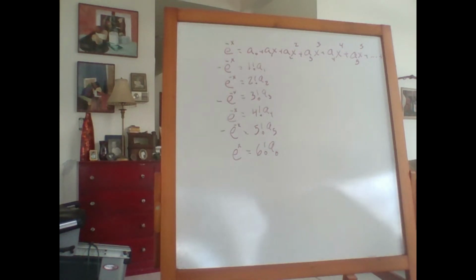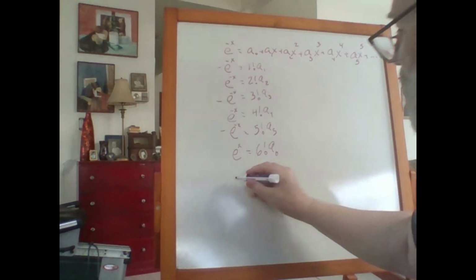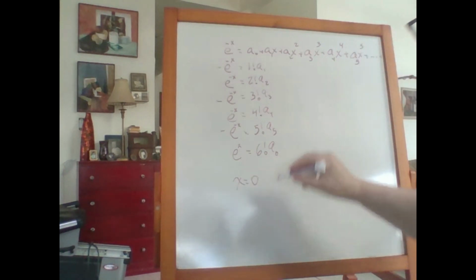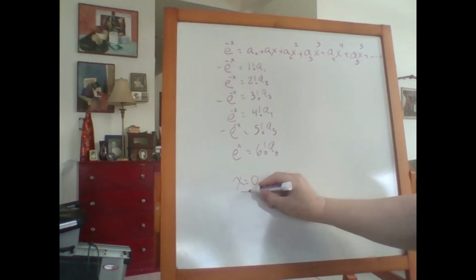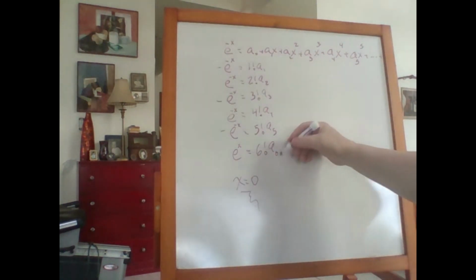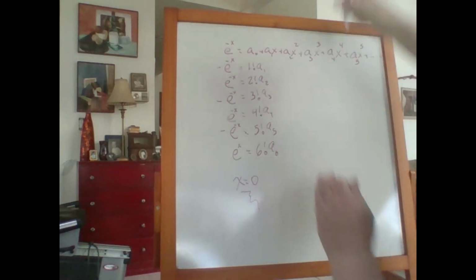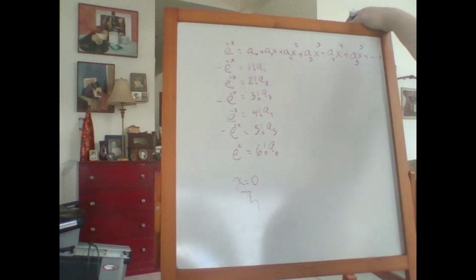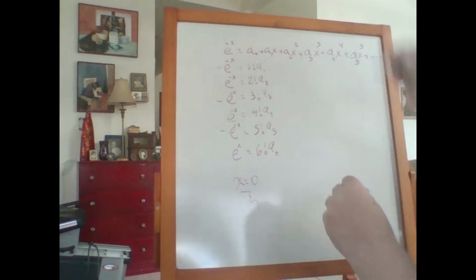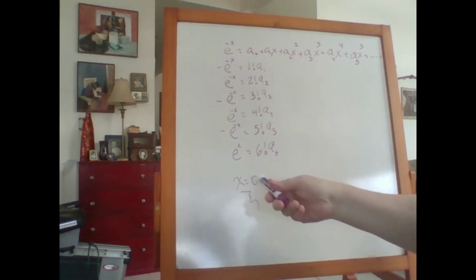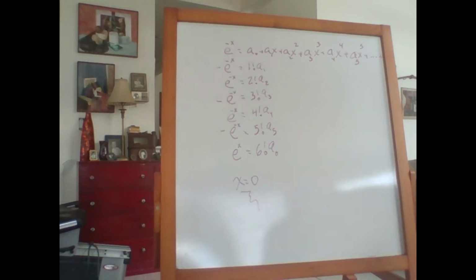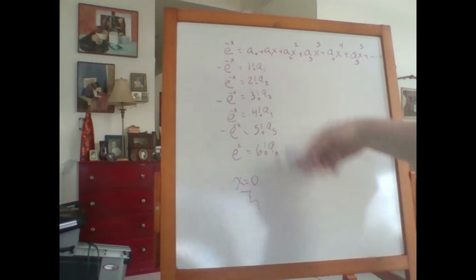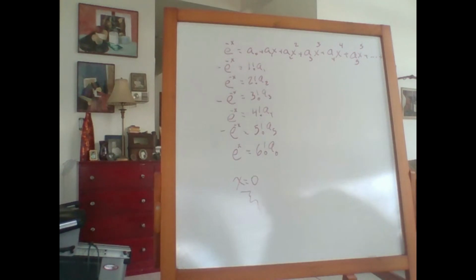Now we set x equals 0. That's what allows me to take that shortcut, because every other term then goes to 0. So this is all that's going to be left when we put x equals 0, having taken these 6 derivatives.